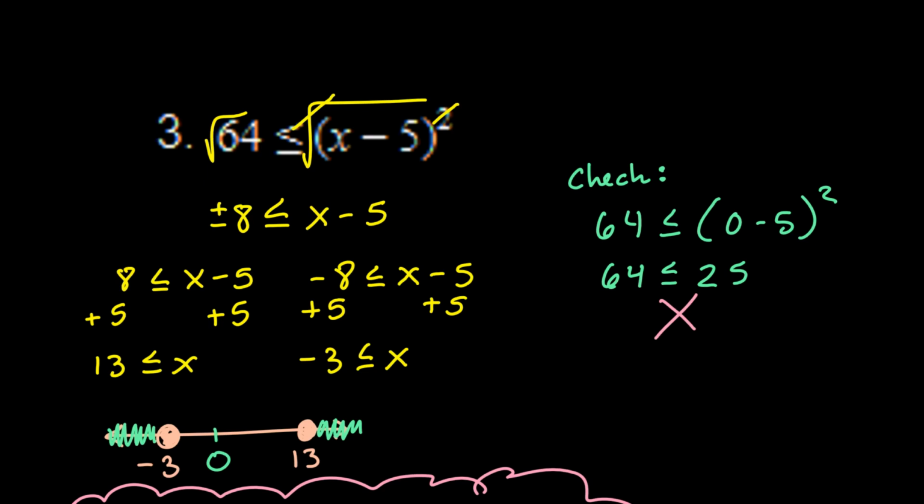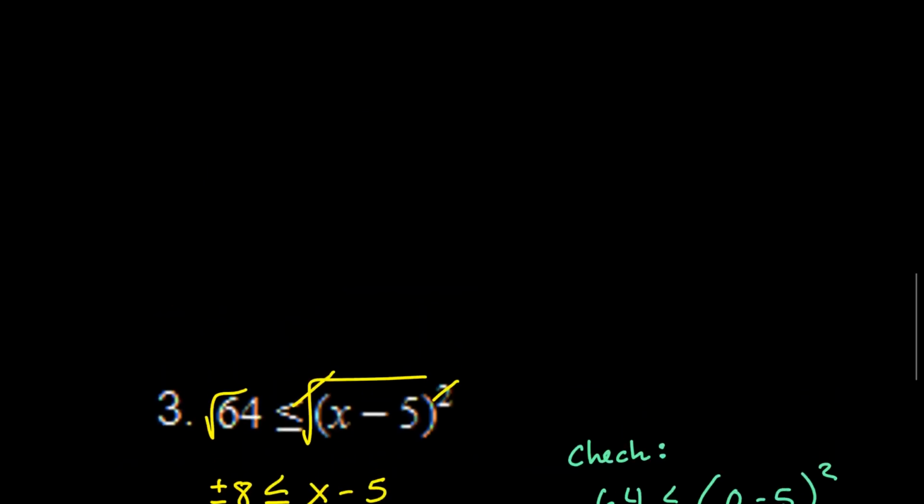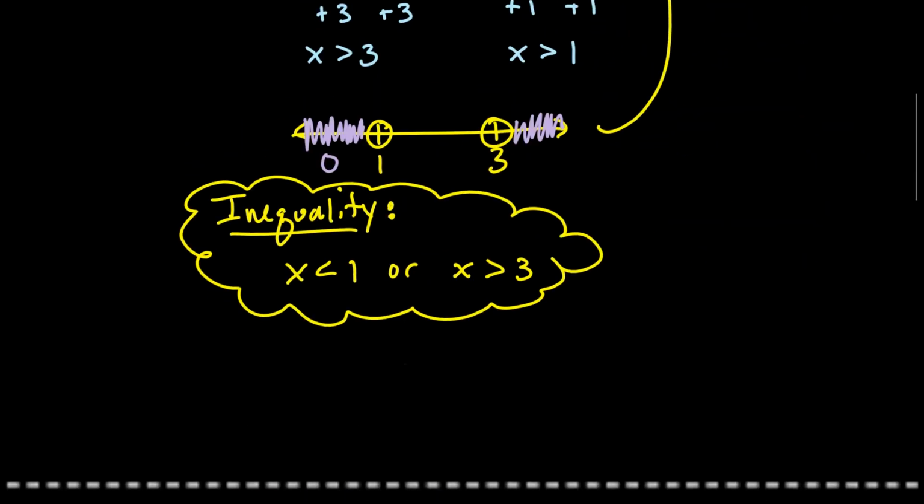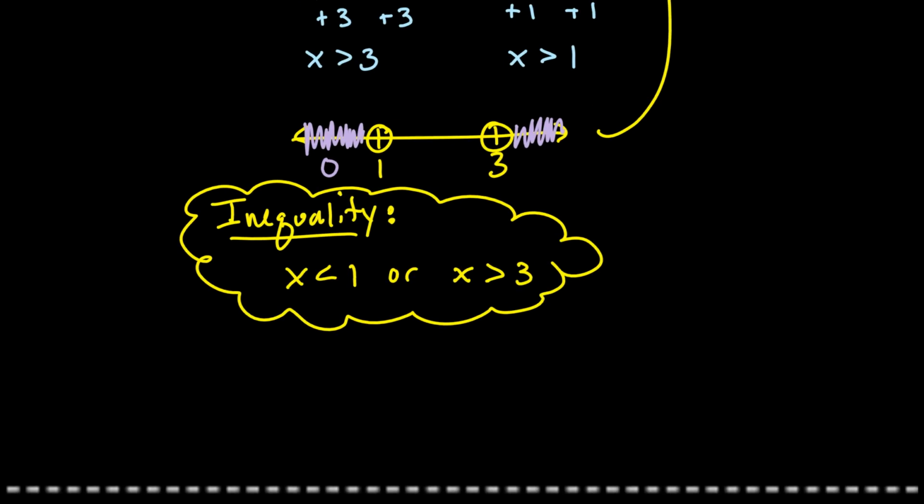Any other questions? I do want to show you, on inequality, if instead we had shaded between here, what would the inequality of this look like? X is where compared to the two numbers?